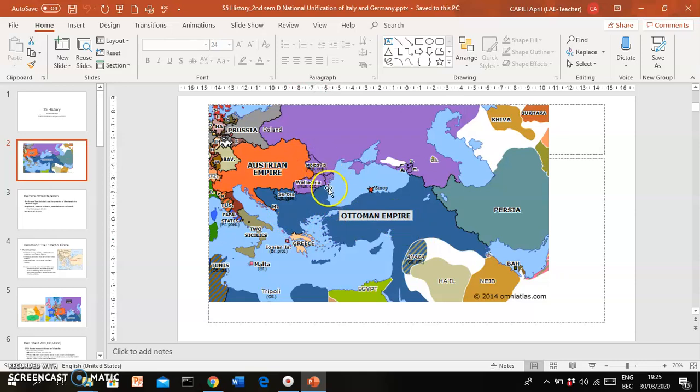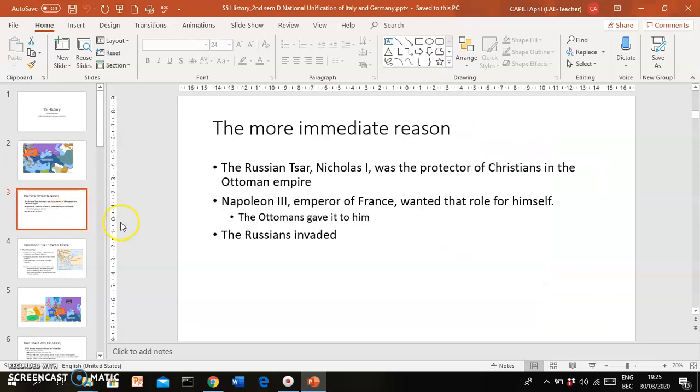Now, the Ottoman Empire being an Islamic state, you can imagine that from the point of view of some European leaders, since some Christians were living under the Ottoman Empire, they should have their European protector, their Christian protector.